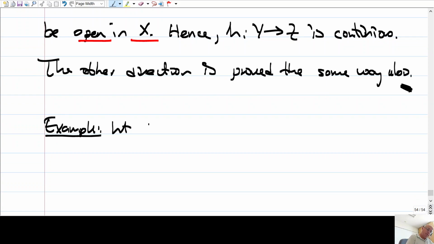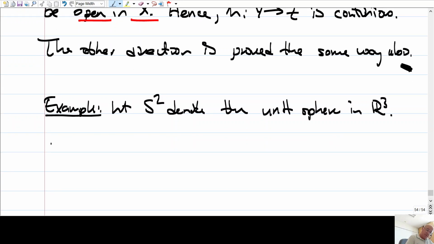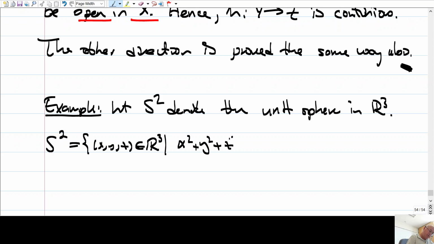Let S2 denote the unit sphere in R3. Okay. So S2 is this: the set of (x, y, z) in R3 so that x squared plus y squared plus z squared equals 1.